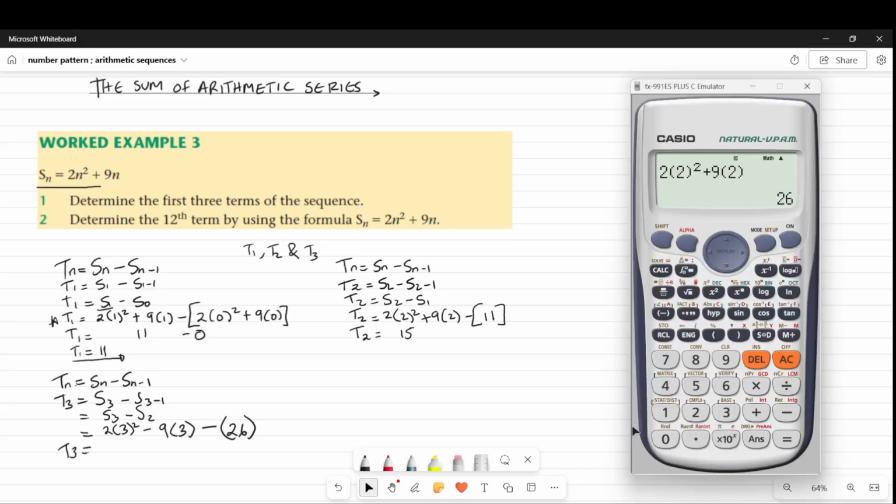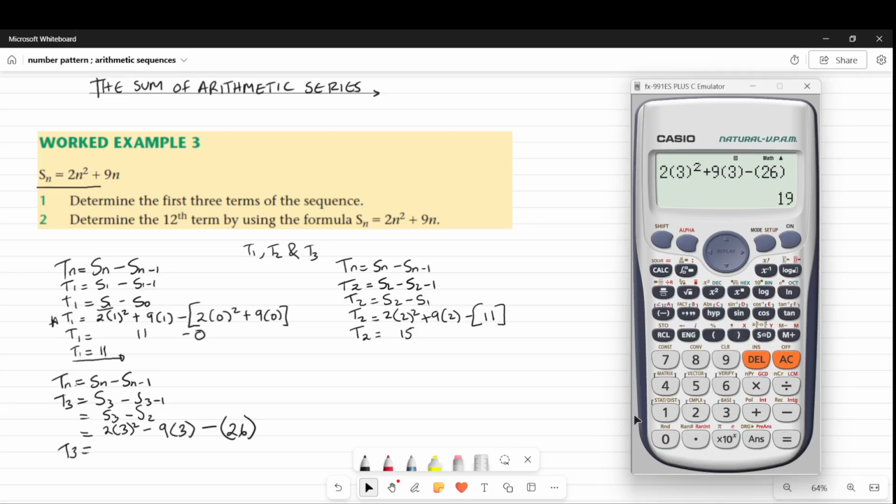Now let's punch that into our calculator: 2(3) squared, plus 9 times 3, minus 26. It's plus over here, not minus.